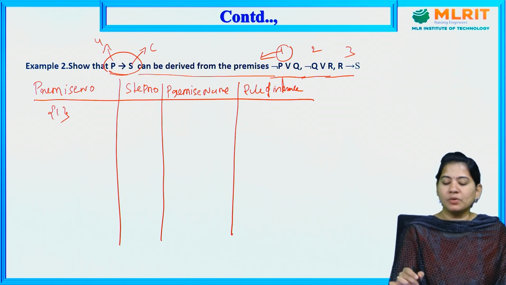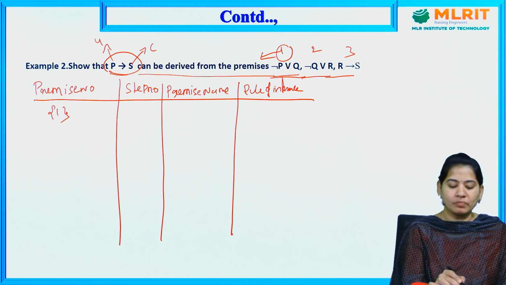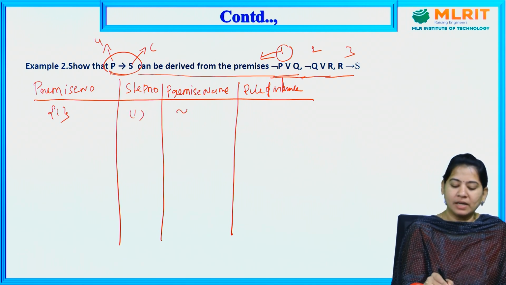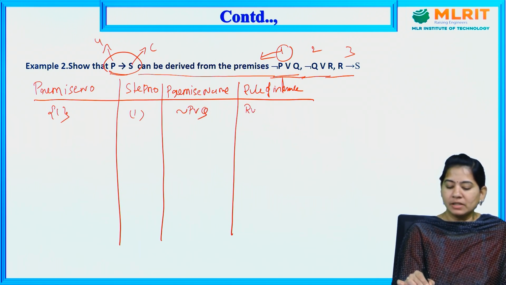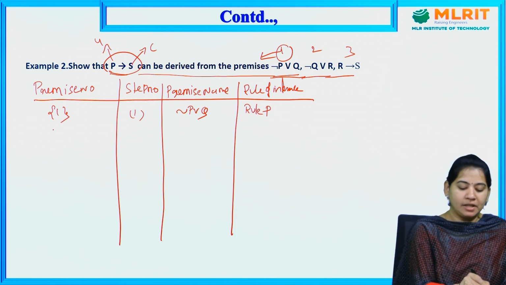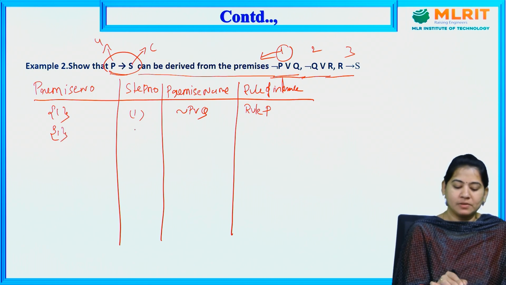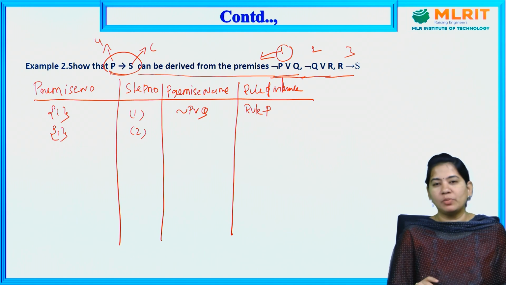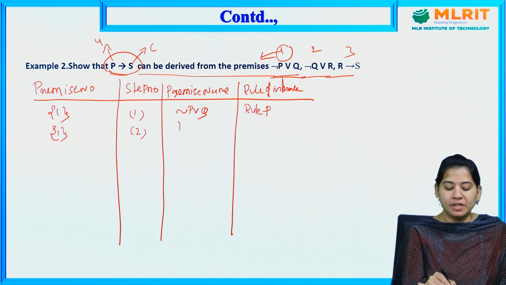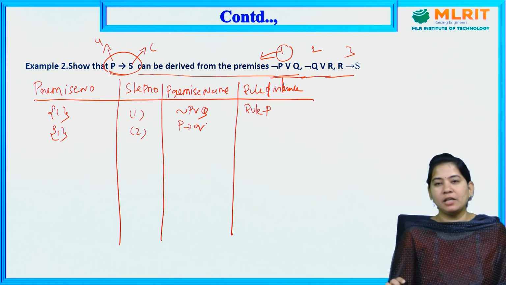So let us suppose here negation P or Q. I have taken the first one as negation P or Q as a first premise. Now the rule of inference is here rule P. Next, the same premise I am writing, I am just converting by using equivalence formula, that is standard formula, which I can write as P implies Q. Why?